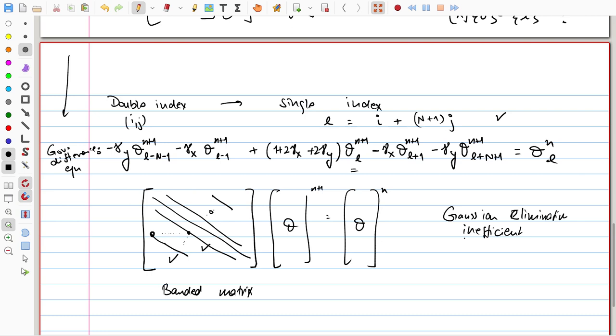So this allows us to discuss iterative methods now, which are what any commercial or open source software in CFD will be using to solve linear systems.